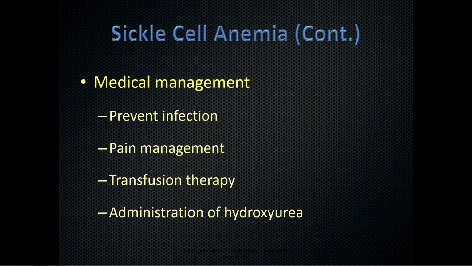So the medical management of sickle cell anemia includes bone marrow transplant, and this offers a cure in a limited number of cases. Medical interventions are aimed at preventing infections, managing pain, transfusing red blood cells when needed, and then administering hydroxyurea. Patients with chronic disease are more effectively managed through a multidisciplinary approach.